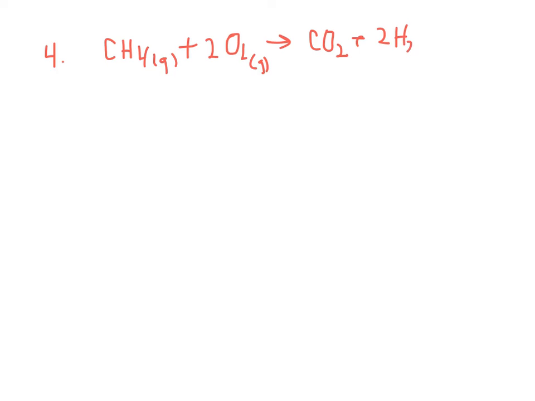Okay, so this is also an additional problem from what's on the sheet, number 4. We are combusting methane. So we have carbon dioxide as a product. And of course, these are all gases.